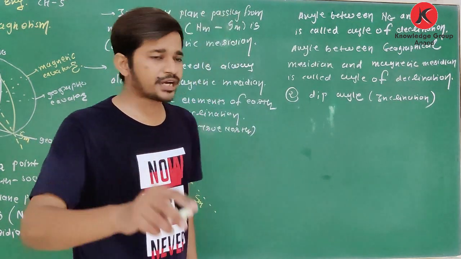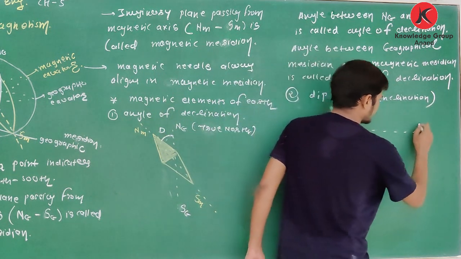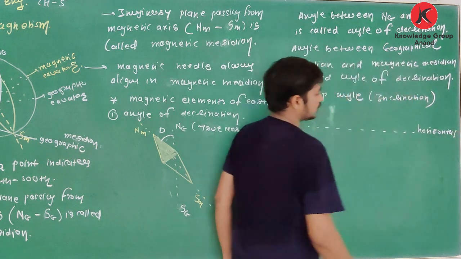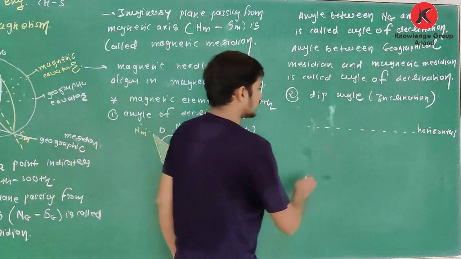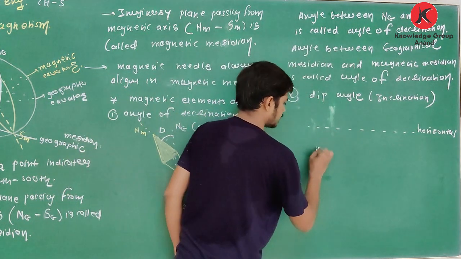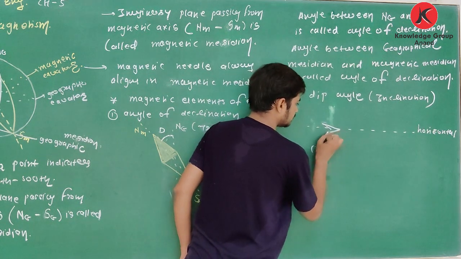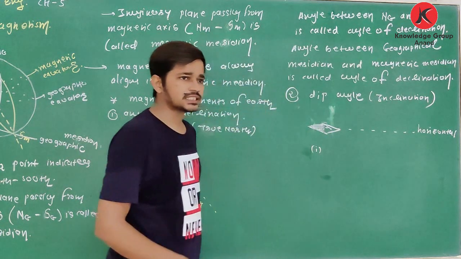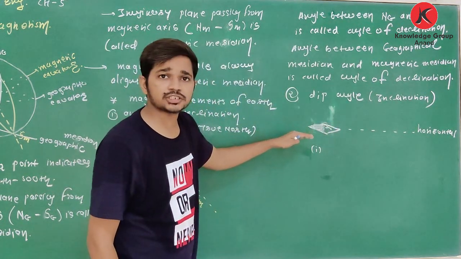Clear about this? For example, this is the horizontal direction. In the first case, the magnetic needle aligns like this. Yes, here the magnetic needle aligns in the horizontal direction.